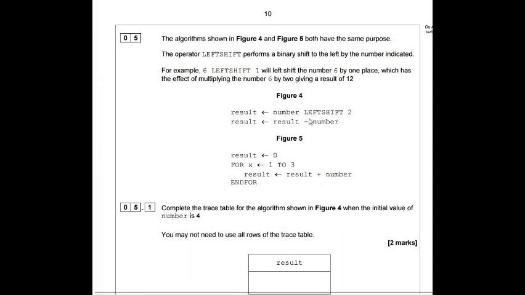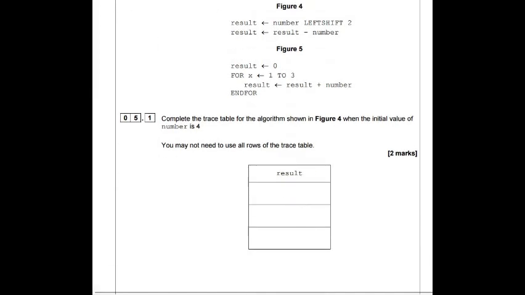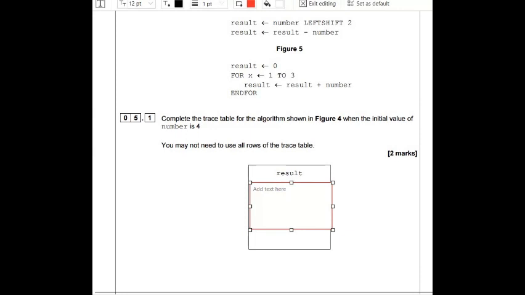So you got your results, doing a shift, and then you got your for loop in figure 5. We need to complete a trace table that will be shown in figure 4 when the initial value is a 4. The first value is going to result in 16 because the initial number is 4.